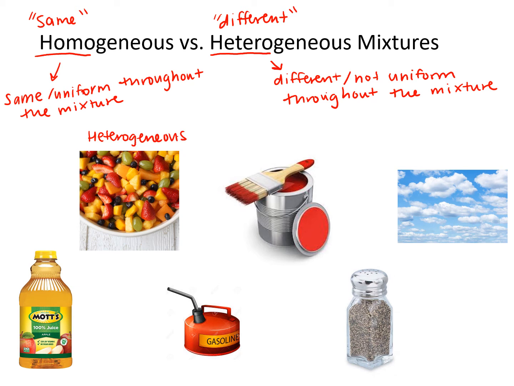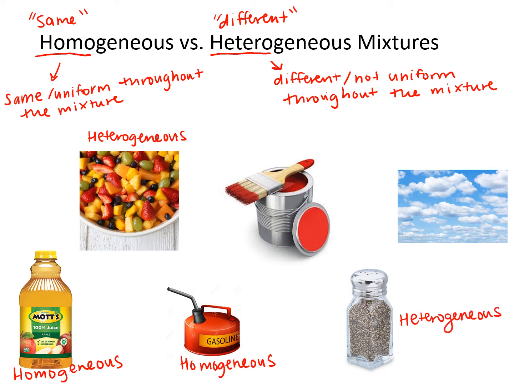When we take a look at the apple juice, we see that the apple juice is the same throughout the whole bottle, so we would classify this as homogeneous. Gas is the same throughout, so we would classify that as homogeneous. In this pepper shaker, we see that there are different parts within the pepper in the shaker, so we would classify this as heterogeneous.